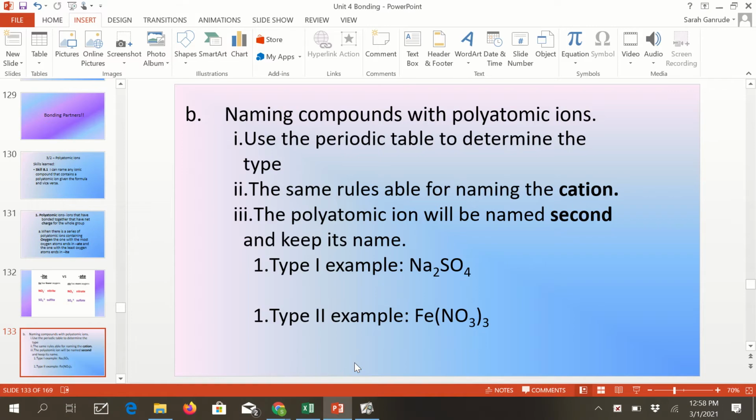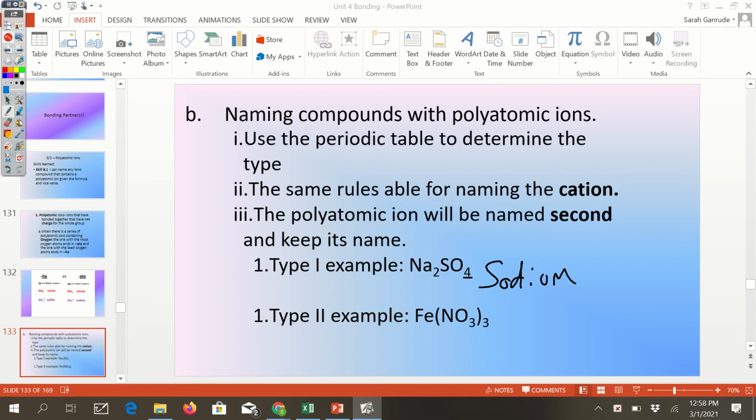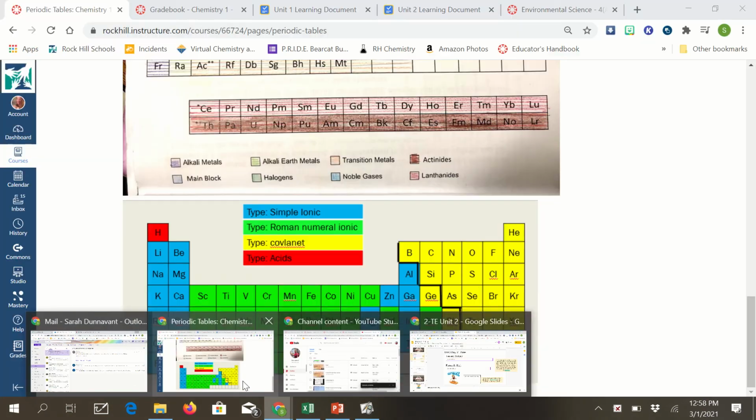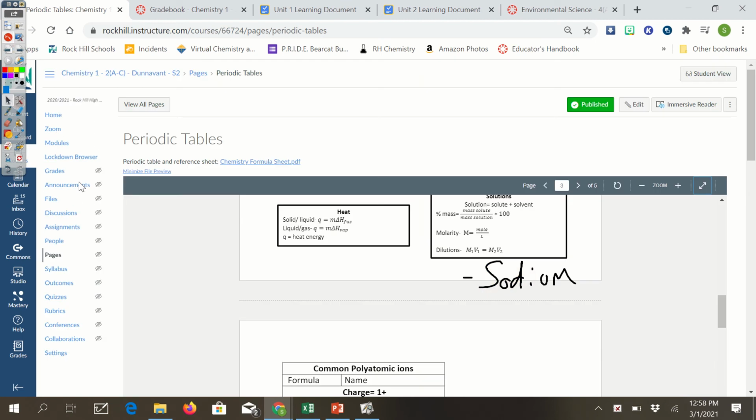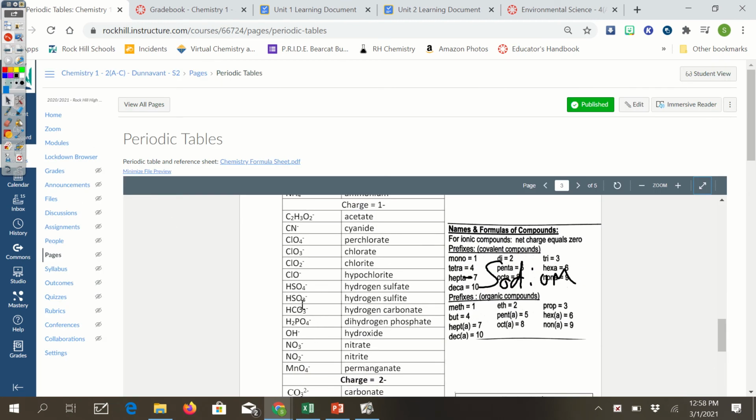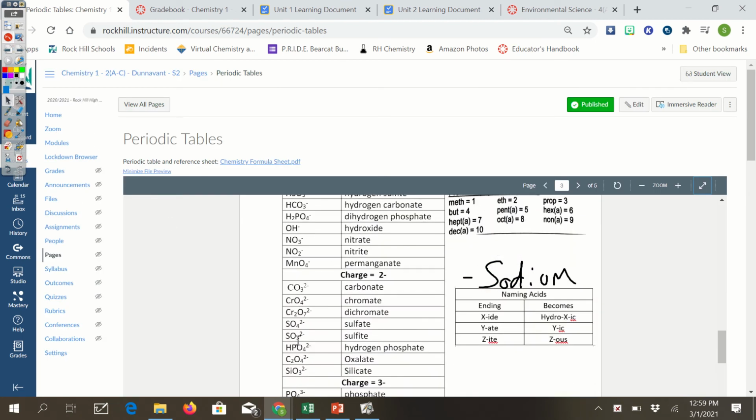Na is sodium. Then I'm going to look on my polyatomic ion sheet for SO4. I'm not going to do this every time, but I'll look. SO4 is right here. So that is sulfate. All right, so it is sodium sulfate.